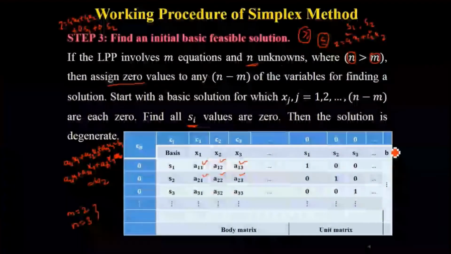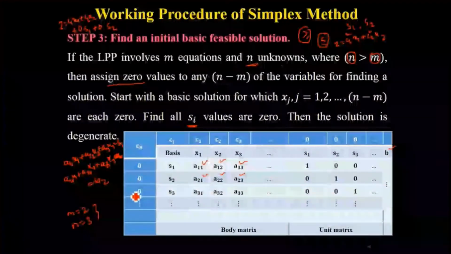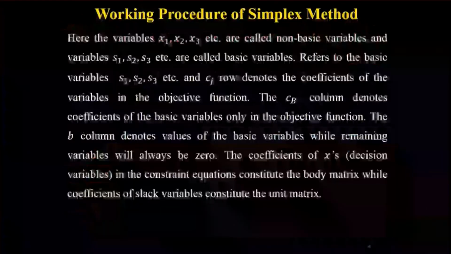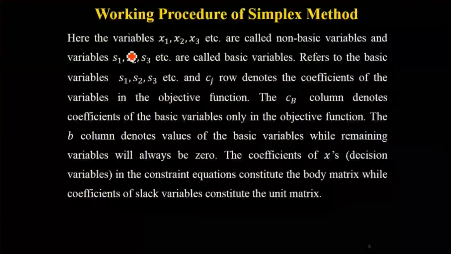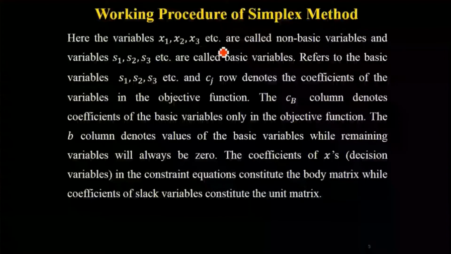And B is called your right side vector, like B1, B2, B3 and so on. Next we will discuss all those things in detail. Here the variables x1, x2, x3 are called non-basic variables because we are not considering them as basis, and variables s1, s2, s3 are called basic variables.